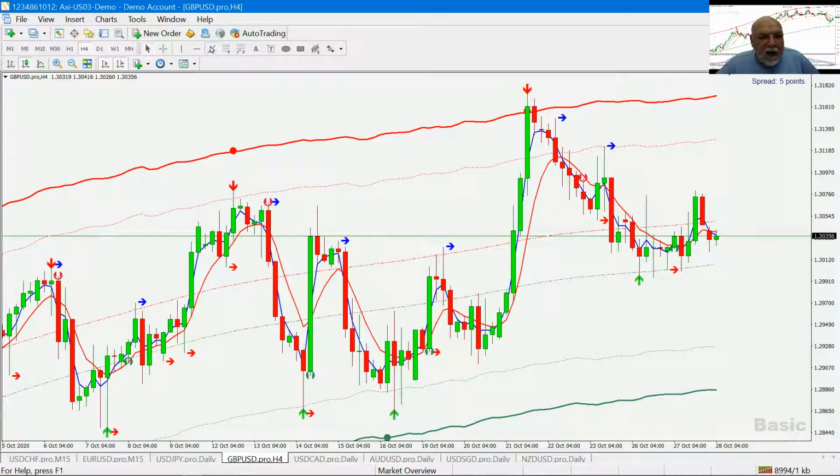Let's go ahead and put that in. That's the last SET that's valid. Okay, and so price did cross over and did move up on the 4 hour, but it's not continuing.